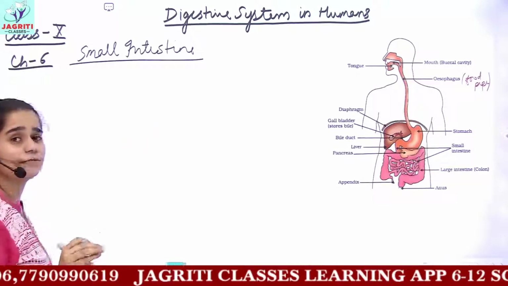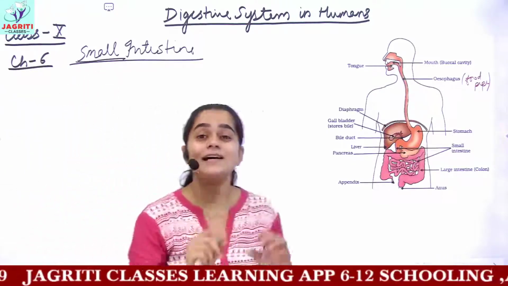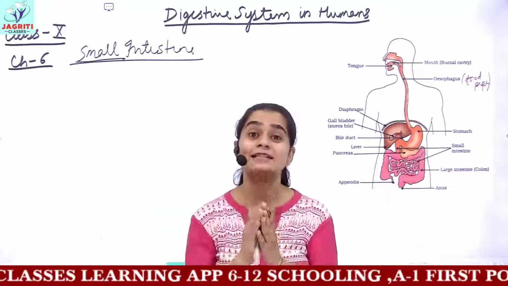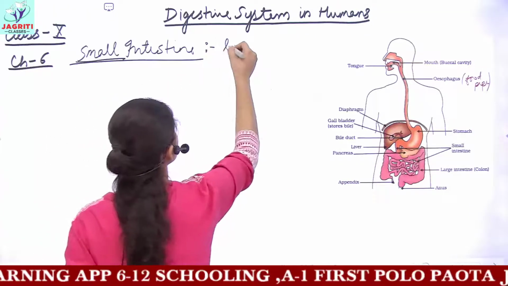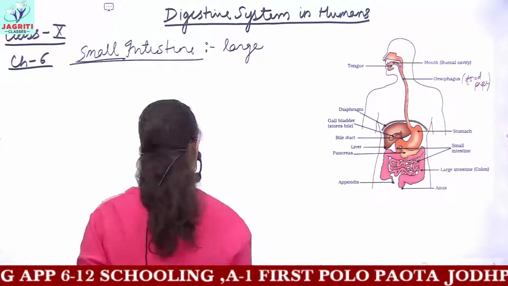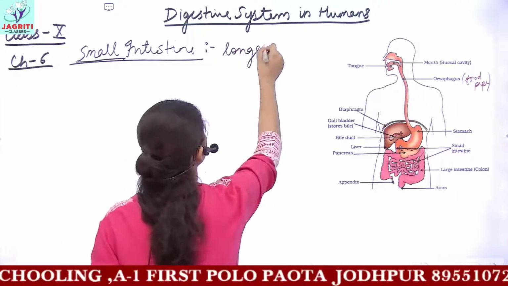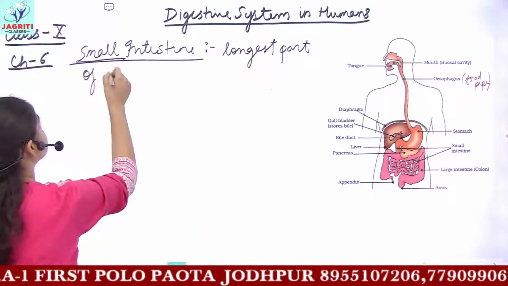And regardless of the name it is given, small intestine, this is a highly coiled structure and it is very elongated, so that it has a maximum length. The small intestine is the longest part of the alimentary canal.